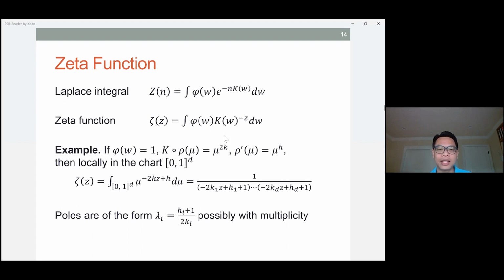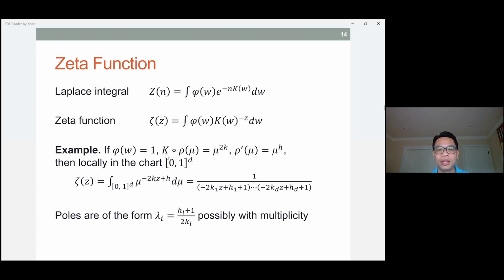And it turns out that if you have a desingularization of K, so K composed with rho becomes mu to the 2k, then we know how to find the poles of the zeta function. Here's a simple example.